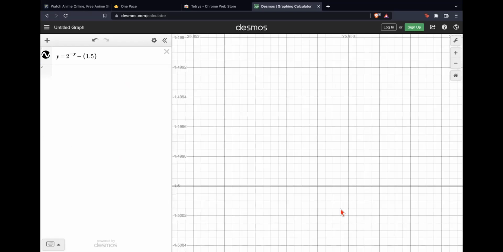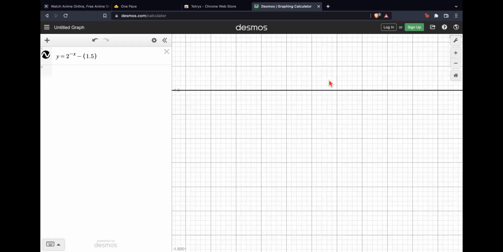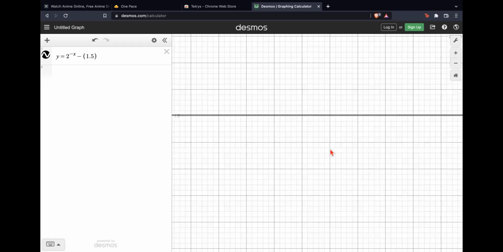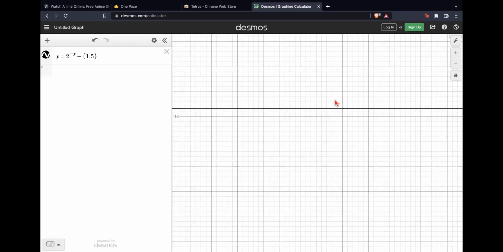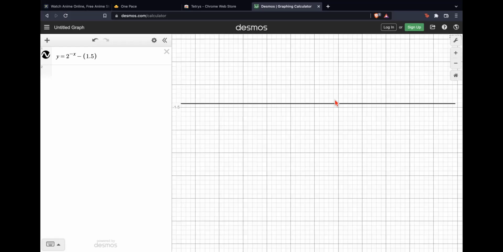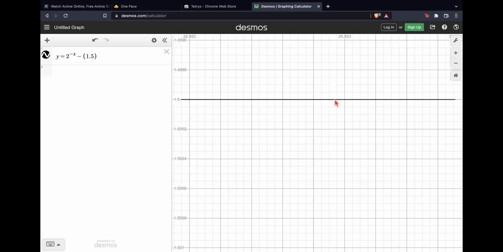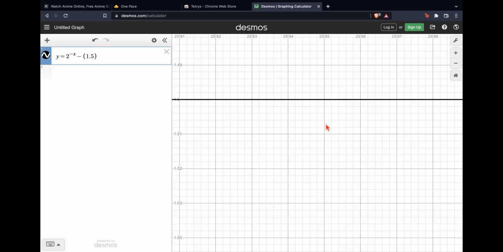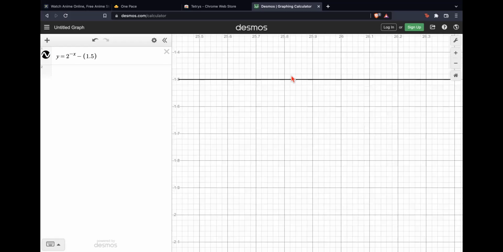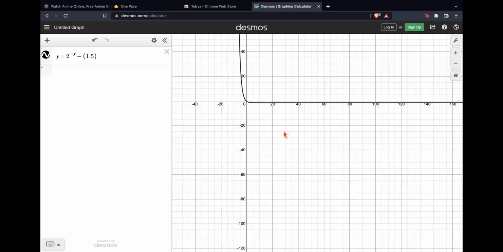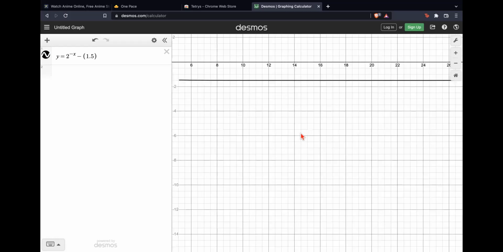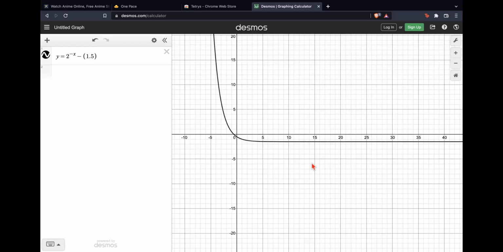Yeah, you're actually right. It should be y equals minus 1.5. No, that's the asymptote, minus 1.5. Sorry, I just wanted to try to prove you wrong. No, Arsh, you're right.